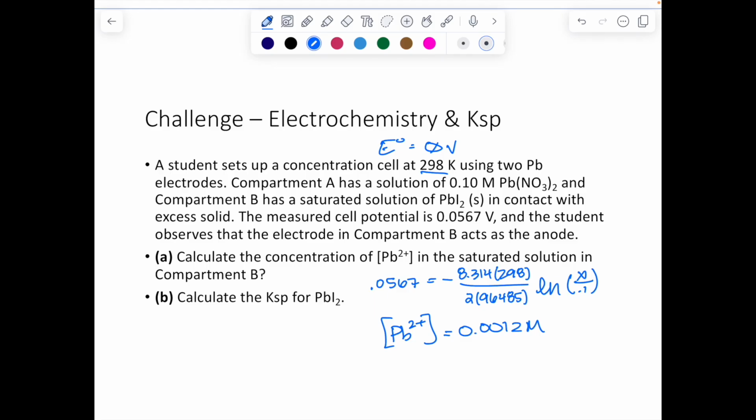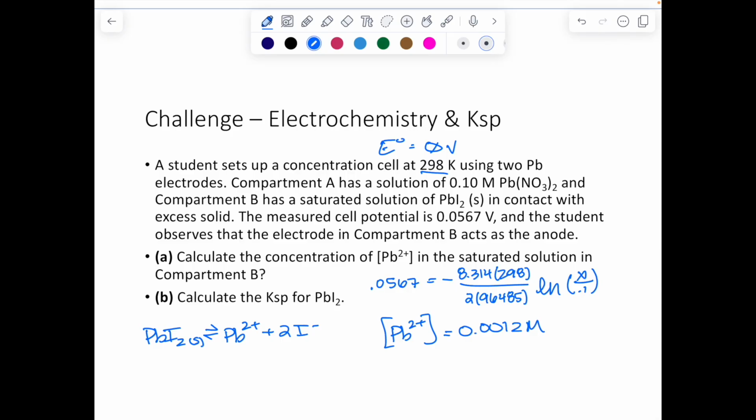So we know the solubility in a saturated solution, which means this solution has as much dissolved as it can, which means that solution is at equilibrium for KSP, for the solubility product. And so if we look at the dissociation of the ions in lead-2 iodide, in equilibrium we're going to have Pb2 plus and 2I minus.